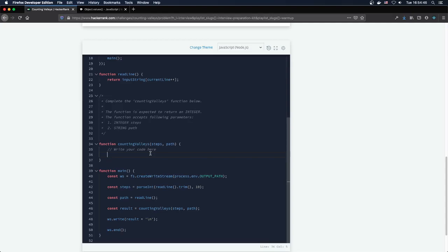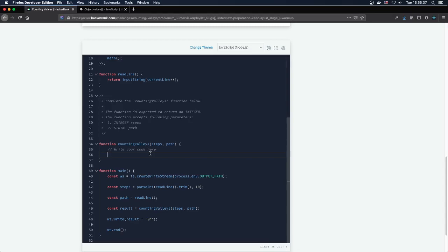I think using a stack would probably be more elaborate. You push anytime you either go up or down, and then anytime you have the opposite, you take off until you reach 0, until you reach sea level.